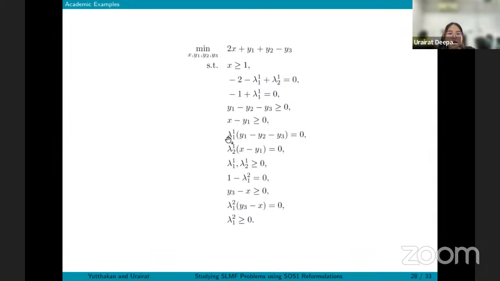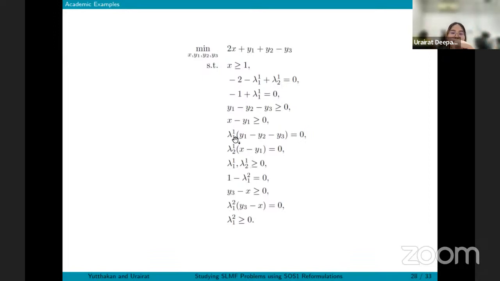You can see that we consider in this line and this line the parameters lambda 1, lambda 2. When we use the KKT, we get these parameters.